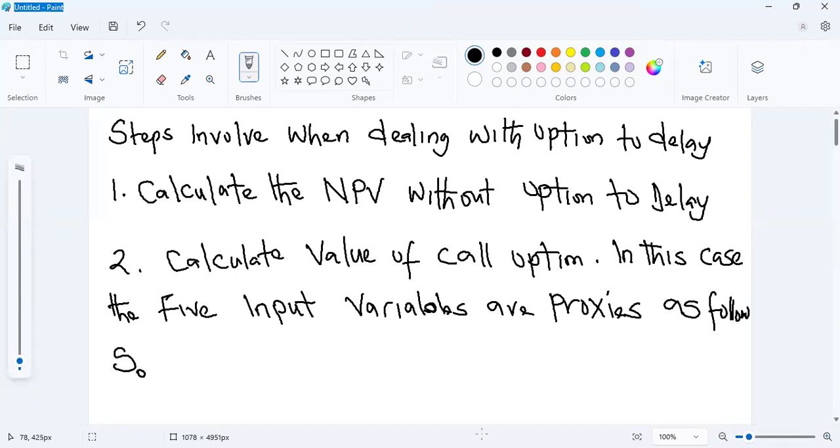XO, underlying assets. No, let's take it. The XO is equal to present value of future cash flows.